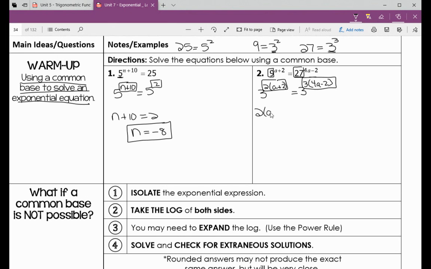So I have 2 times a plus 2 equals 3 times 4a minus 2. Distribute your 2 on the left, 2a plus 4. Distribute the 3 on the right, which would be 12a minus 6.